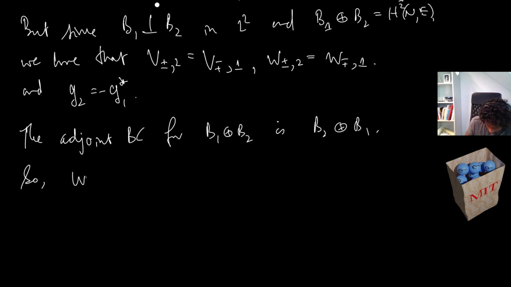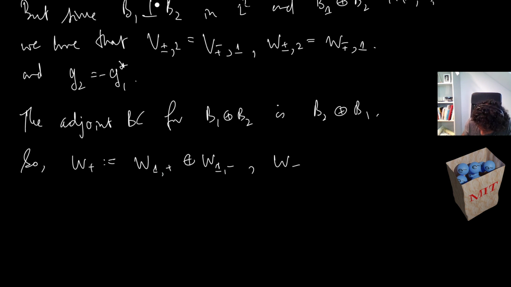So the W plus space here is going to be equal to W_1 plus W_1 minus, and the W minus space, by considering the adjoint boundary condition, is precisely equal to W_1 minus plus W_1 plus.